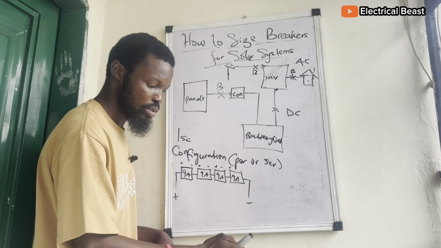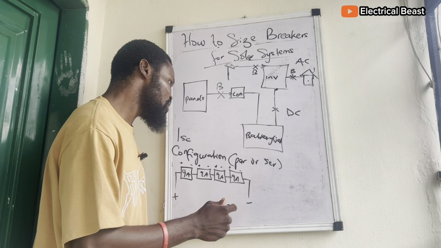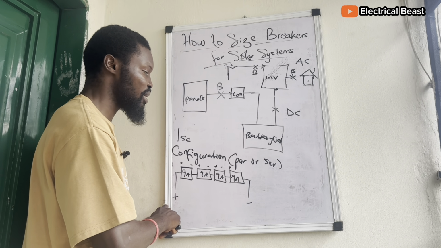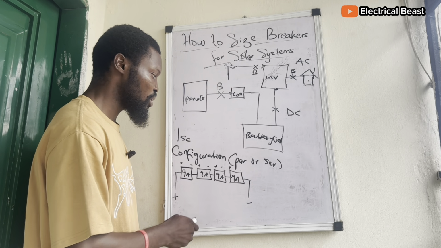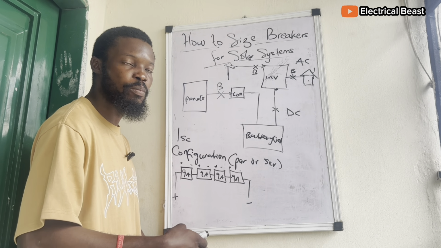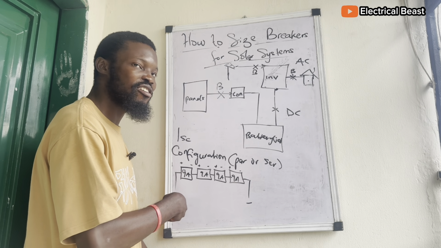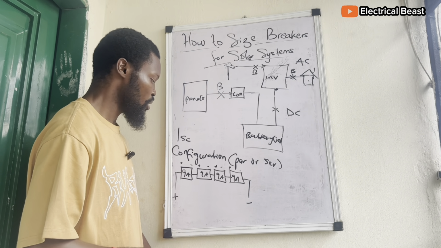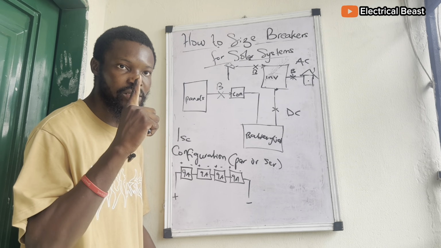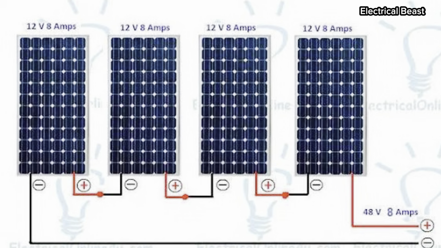This is series connection. The implication of series connection is that when you connect panels in series, or anything in series, batteries in series, the voltage will add up according to the number of panels in that particular system. But current will remain the same. Let's assume you're using the same model of panel, the same make.